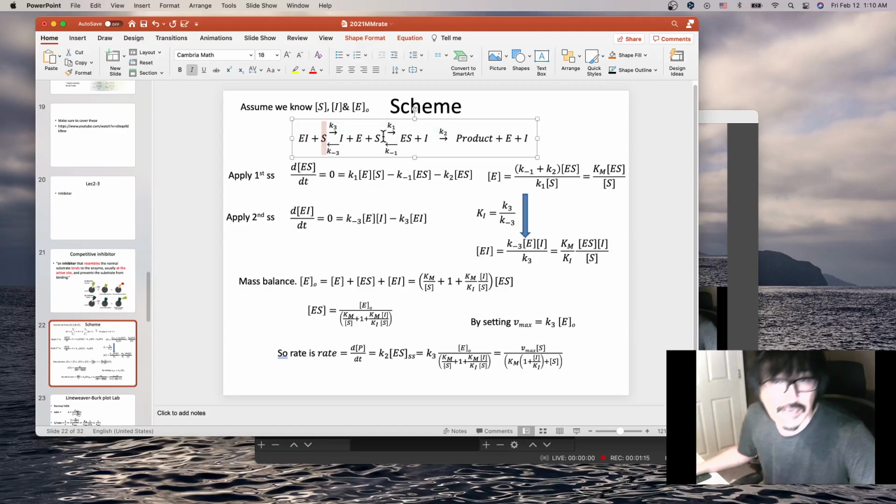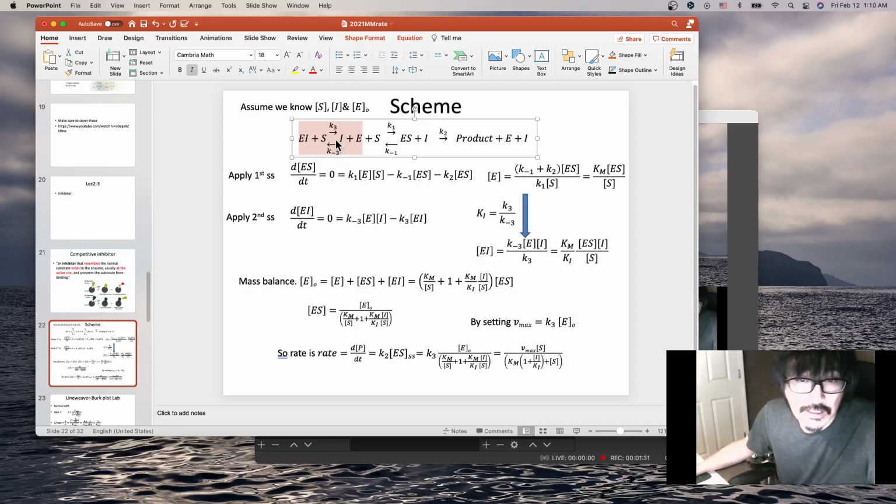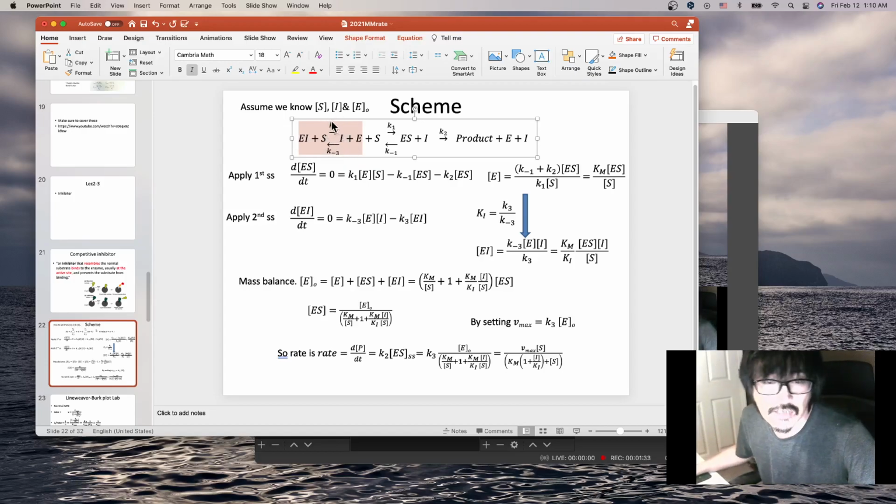So I put this reaction right here to be reaction 1, and then ES becoming the product becomes reaction 2, and then the inhibitor binding to the enzyme becomes reaction 3.